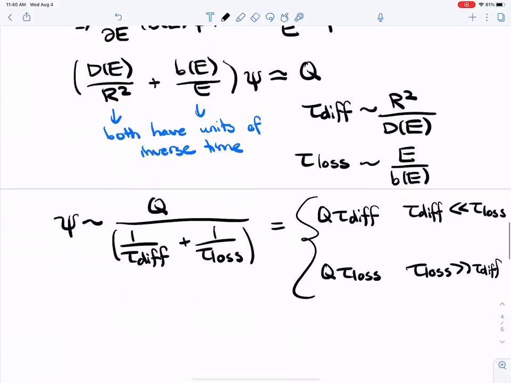So all this is saying is, to a crude first approximation, there's a timescale for diffusion and a timescale for losses. I take whatever my injected rate of particles per unit time is, and multiply by the appropriate timescale. That gives me roughly the steady state distribution of particles.